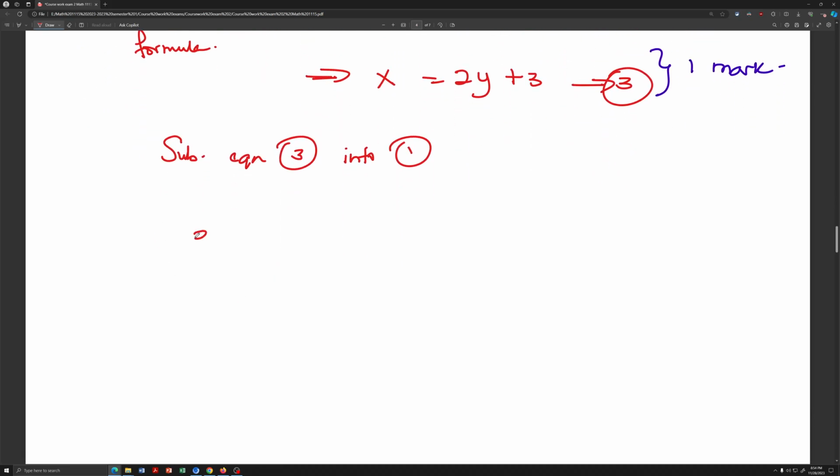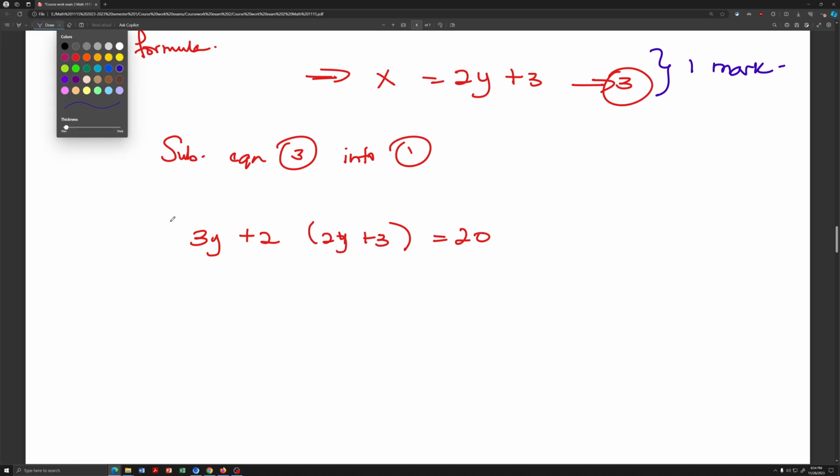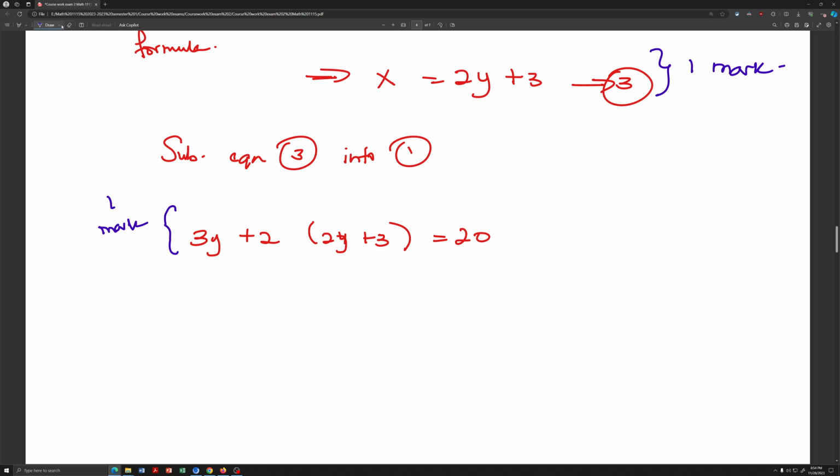When I do that, let's see what I get. So I'm going to get 3y plus 2, 2y plus 3 is equal to 20. And just for writing this only, you'll get a mark. Okay.